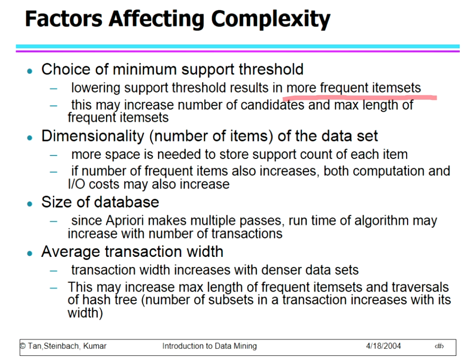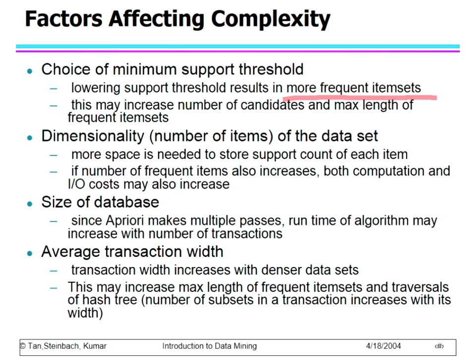And if the number of frequent items also increases, both computation and input-output costs may also increase. The third factor that affects the complexity is the size of the database. Since Apriori makes multiple passes, the runtime of the algorithm may increase with the number of transactions.